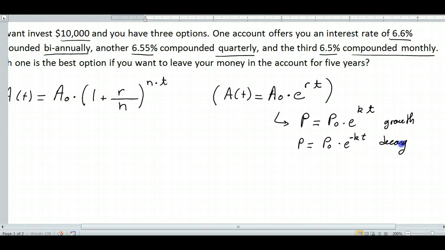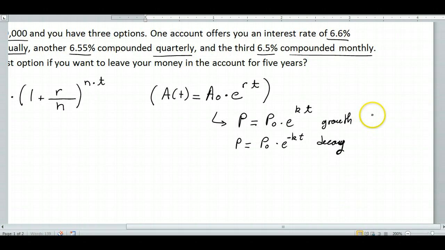For decay, I invite you also to look at the doubling time here, and here it's called the half-life. So I invite you to look at all of that.